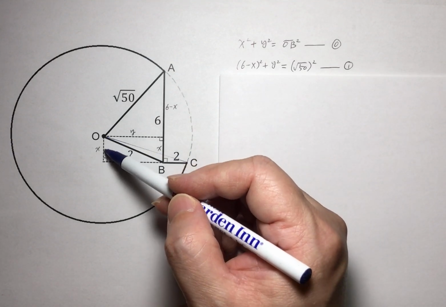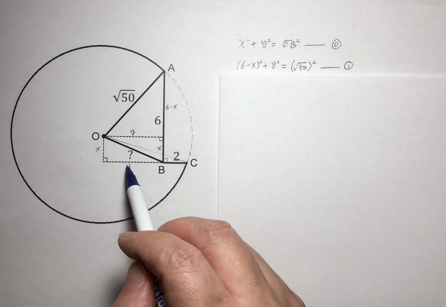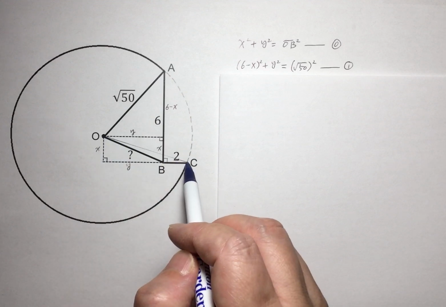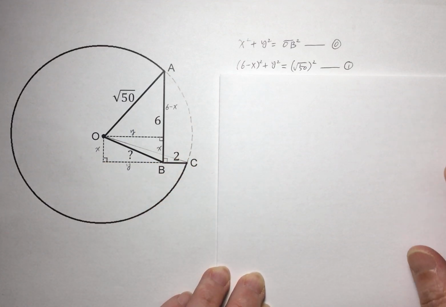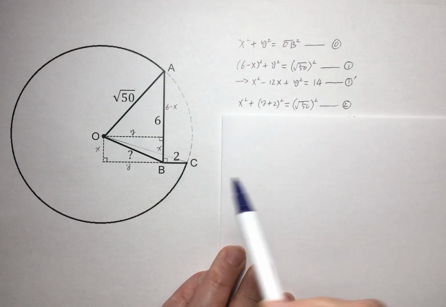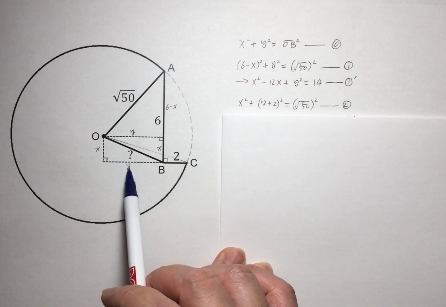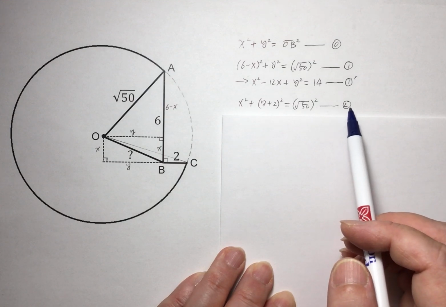So the length is x from here to here, and then from here to here is y plus 2. And then OC is the radius. So its length is square root of 50. So now we have a second equation. So x squared plus y plus 2 squared equal to 50. We call it equation 2.